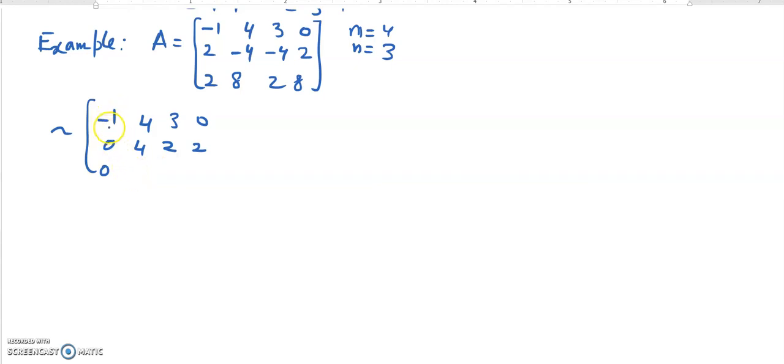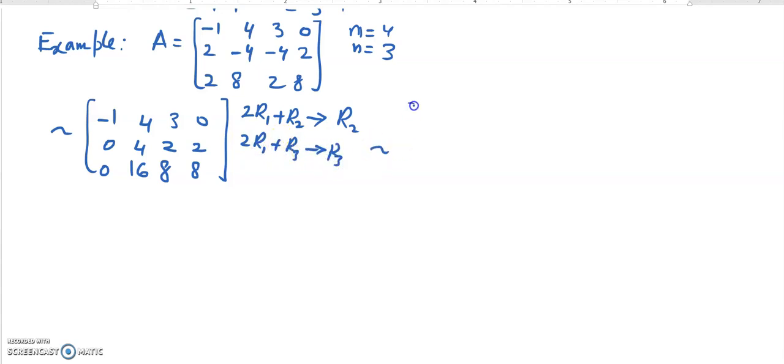In this case we have to multiply by 2, so it will be 8. 8 plus 8 is 16, and then 6 plus 2 is 8, and then it should be 8. So the row operations were 2 times row 1 plus row 2 is equal to row 2, and 2 times row 1 plus row 3 is equal to row 3. So further, minus 1, 4. Okay, we will continue this in the next video clip.